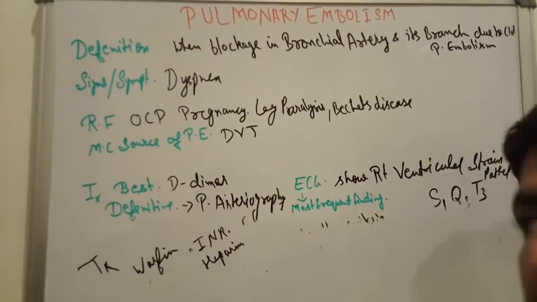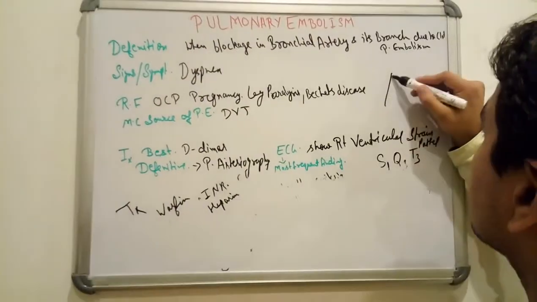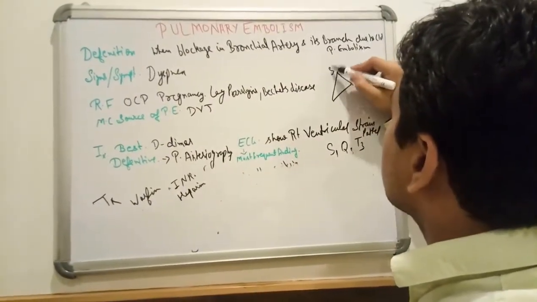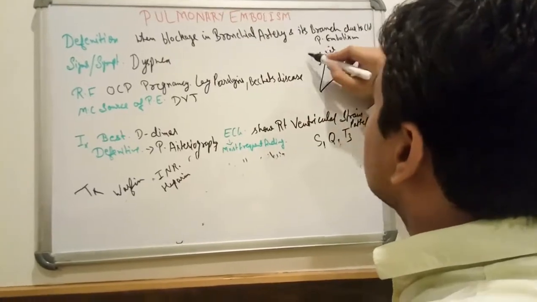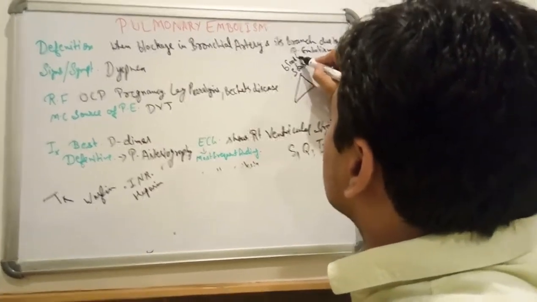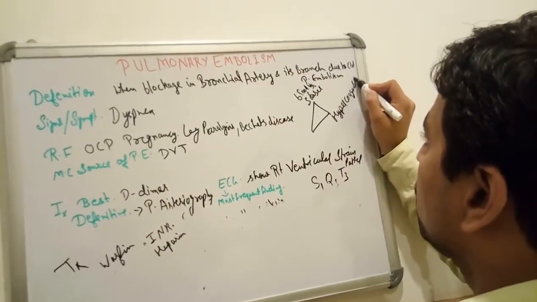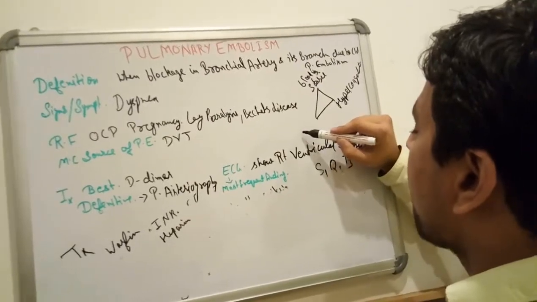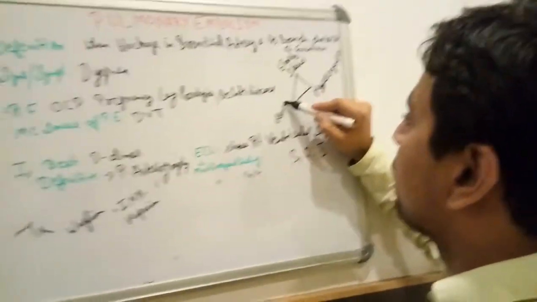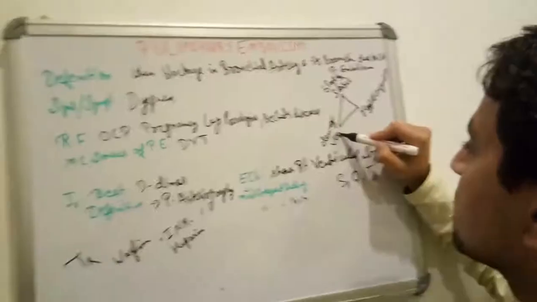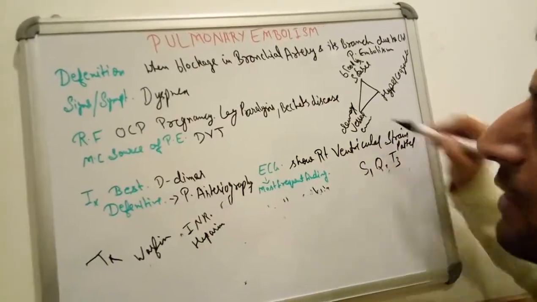And Virchow's triad, remember Virchow's triad, my dear friends, it's very important. Stasis, blood vessel stasis, hypercoagulability, and damage of vessels, endothelial vessel damage, my dear friends.